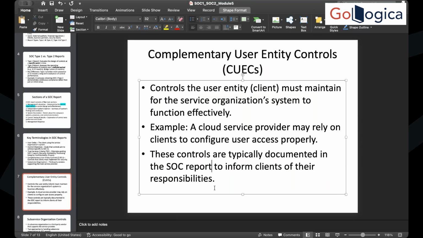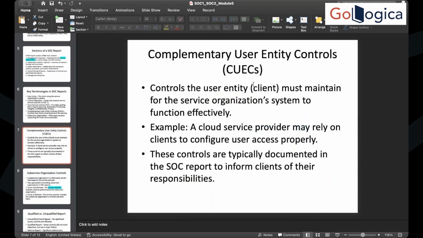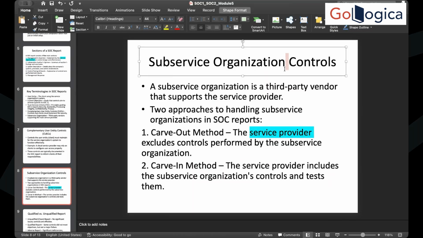Okay, moving ahead. Sub-service organization controls. So this was complementary user entity controls. Now we are coming to sub-service organization controls. Who was the sub-service organization? Microsoft Azure. Why have I categorized them as sub-service organization?